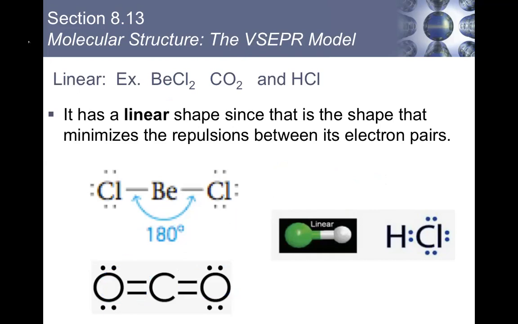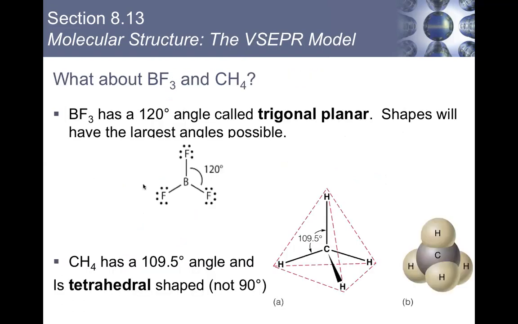The next two shapes then, you should remember, are trigonal planar and tetrahedral. And again, this is all based off the electron domains being as far apart from each other as possible. So here, BF3 has 120 bond angles. Remember, a full circle is 360.